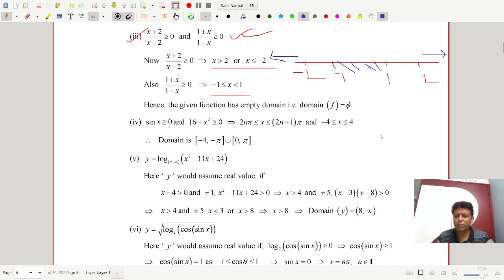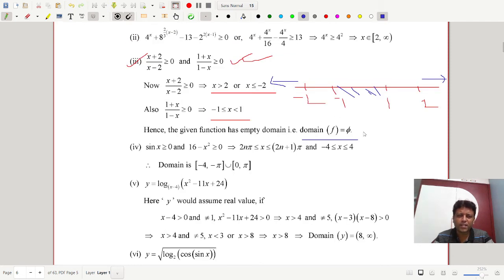What is the intersection of these two regions? Please reply. So there is no intersection. No intersection, empty set, null. So the domain is a null set, no domain. You can't get any real value satisfying these two.